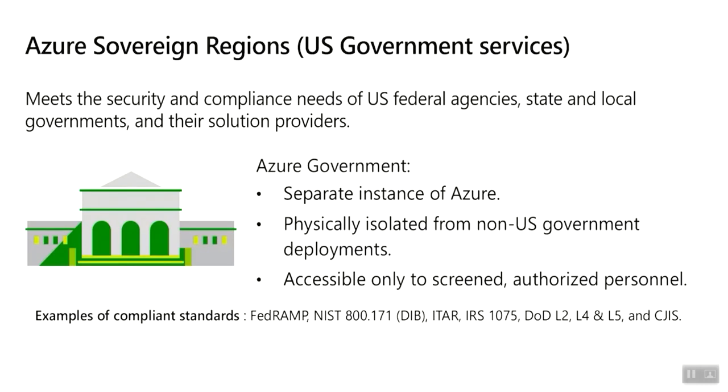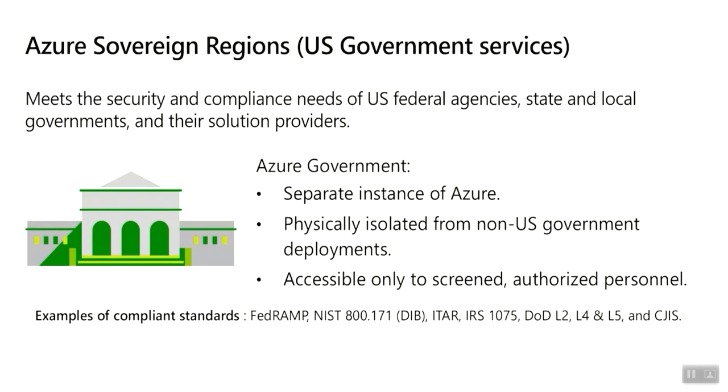So me, as Chelsea, right now, I could not deploy in our Azure regions. Part of the reason that they're separate is from a privacy and a security standpoint, but they also have their own compliance offerings. So like I said, we have the FedRAMP, the NIST, very specific to either state, local, or federal government.